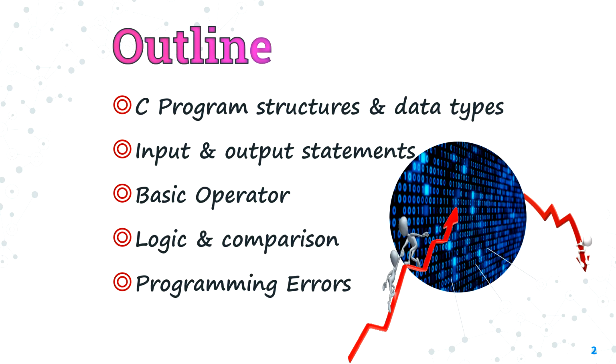So this is the overview of topics that will be covered in the lecture on Introduction to Algorithm and C Programming. Based on these slides, it outlines the core areas that you will learn.